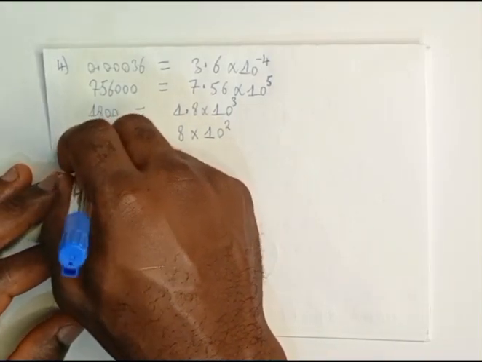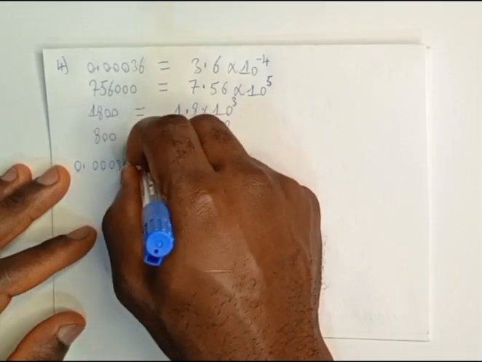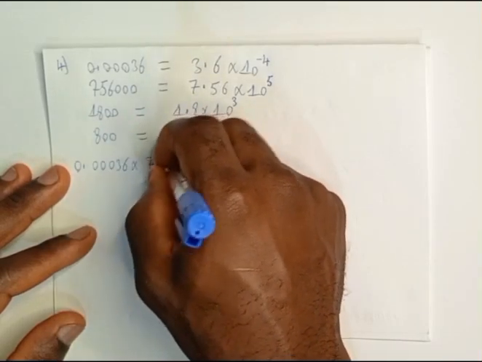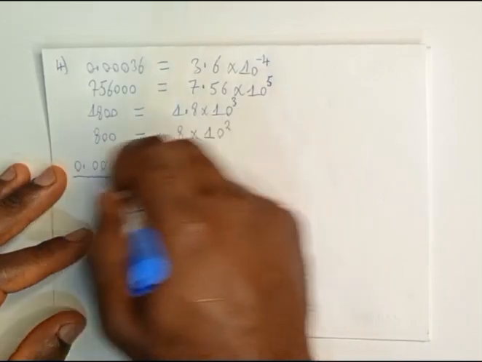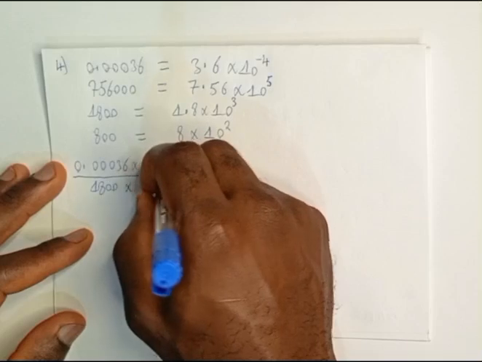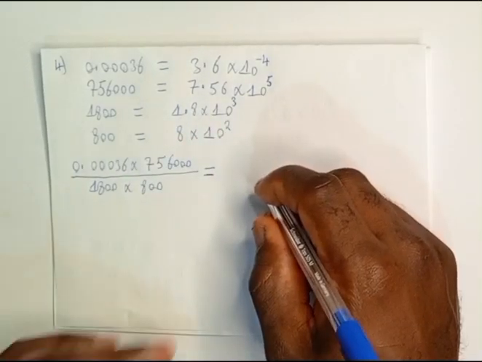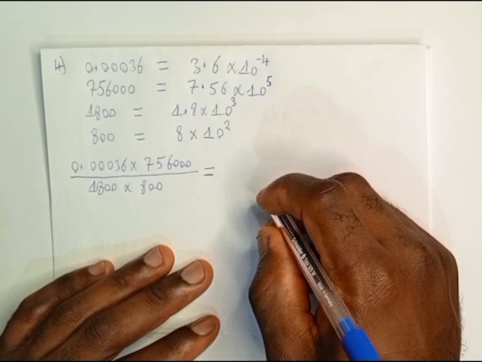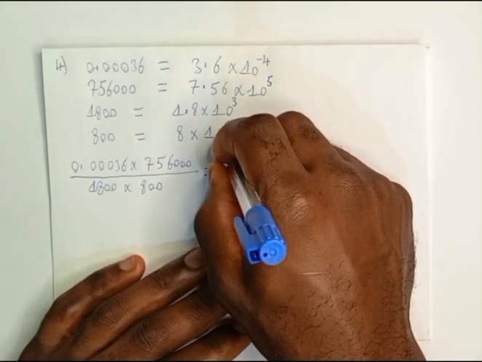We are to evaluate 0.0036 times 756,000 all over 1,800 times 800. This will simply be equal to, we are going to replace the various numbers with their expressions in standard form.